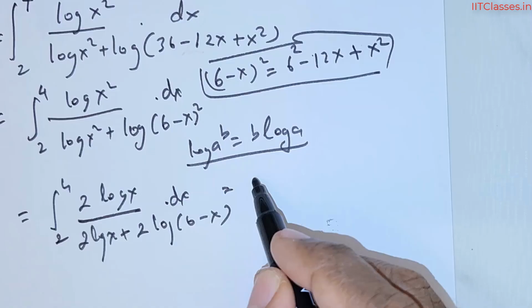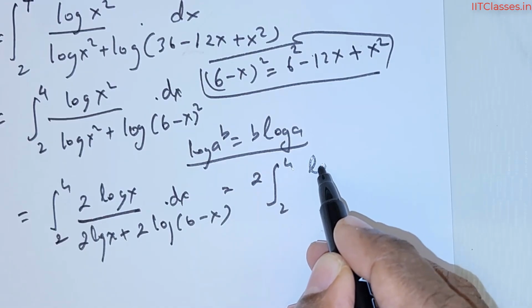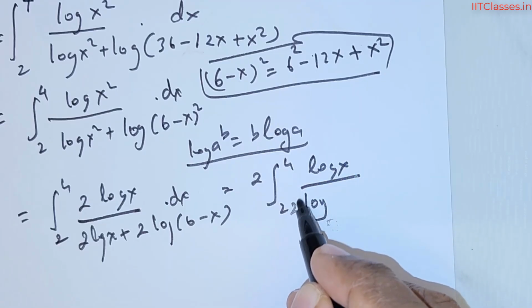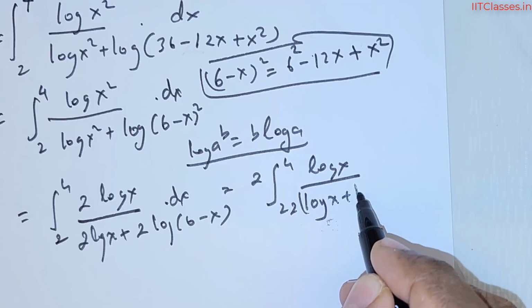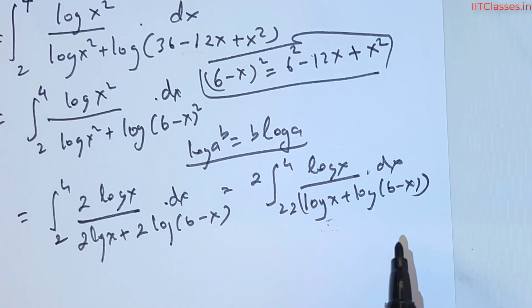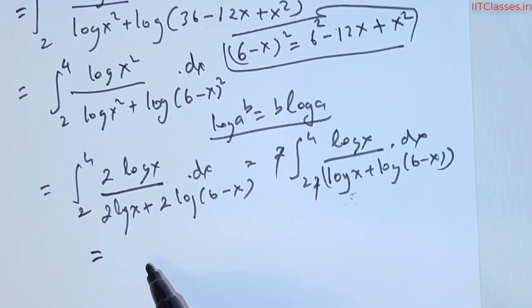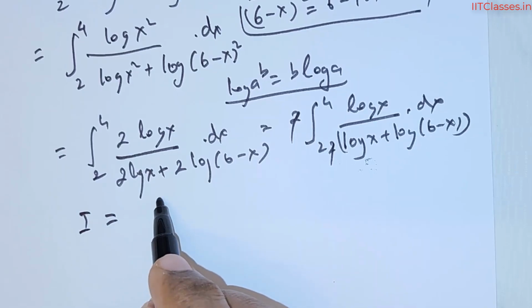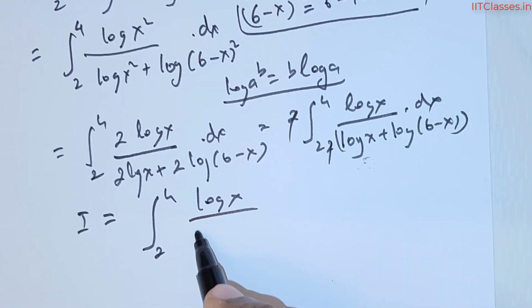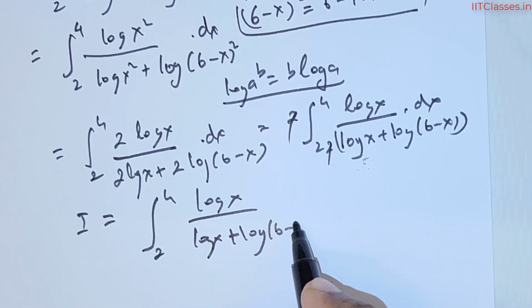Now I can take 2 out, and 2 gets cancelled, giving me I is equal to the integral from 2 to 4 of log x over log x plus log of (6 − x), dx.